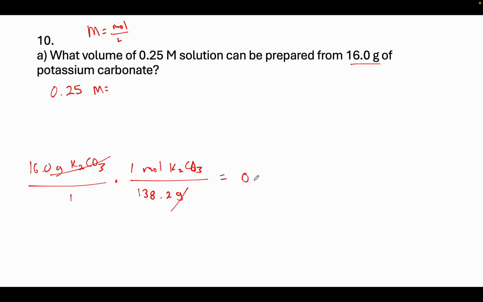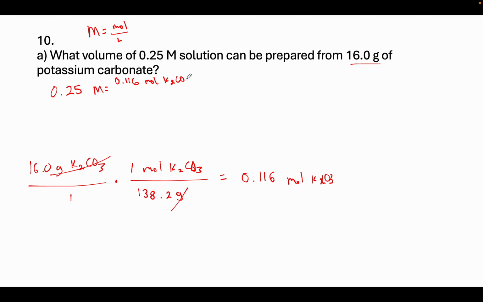Your calculator is going to say some big number. Let's just say 0.116. Keep it simple. So 0.116 moles of K2CO3.